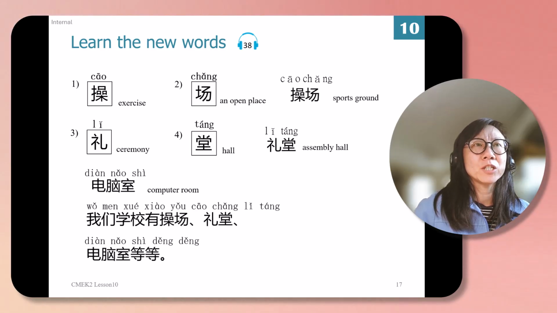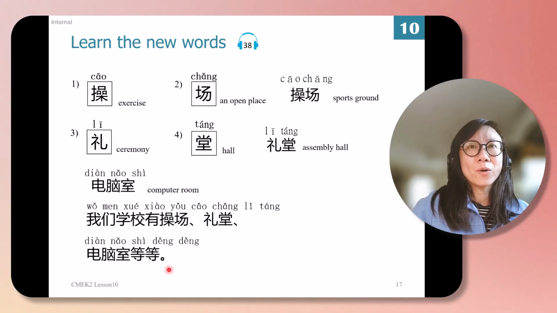So we can put these areas into a sentence pattern saying 我们学校有操场、礼堂、电脑室等等. So here the 等等 means etc. and so on, which means there are more areas or facilities in our school. 我们学校有操场、礼堂、电脑室等等.